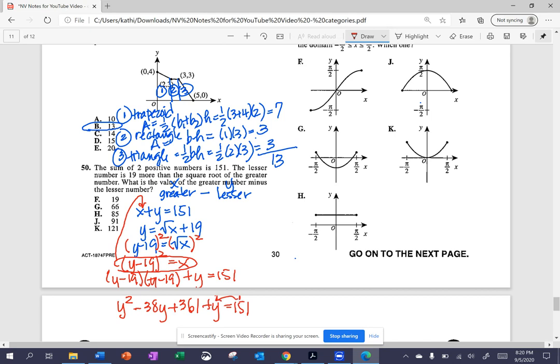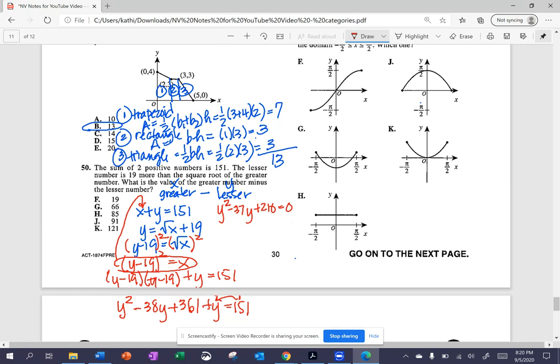So I'm going to subtract 151 from both sides. And I get y squared minus 37y plus 210 equals 0.